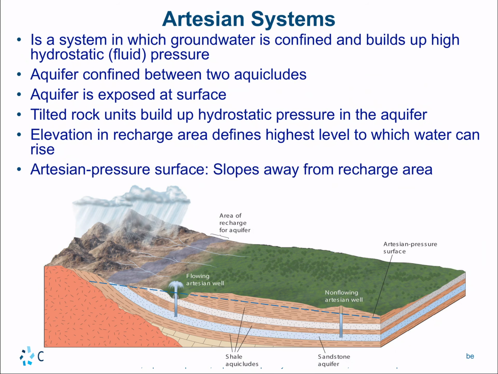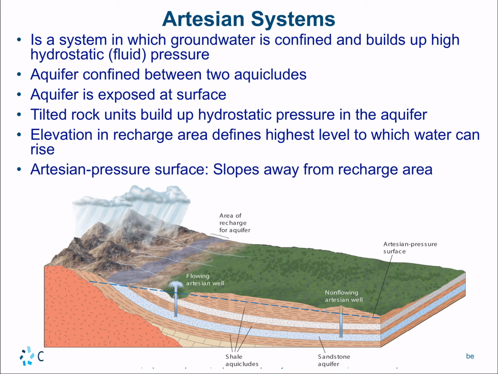An artesian system is a system where groundwater is confined. It builds up high hydrostatic pressure. Hydrostatic pressure is fluid pressure. It occurs when your aquifer is confined between two aquicludes. So your aquifer is exposed at the surface.